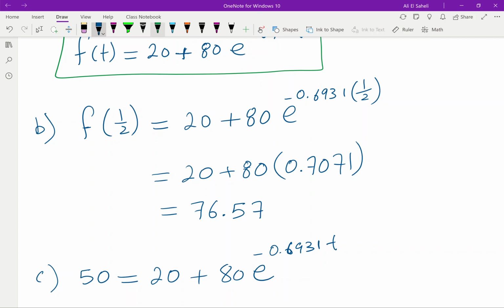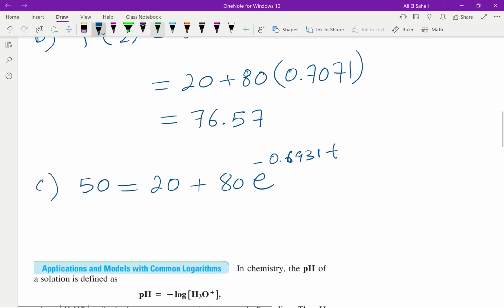So the unknown in this last problem is t. Take 50 to the other side, 20 to the other side. 50 minus 20 is 30 equals 80 e to the minus 0.6931 t.